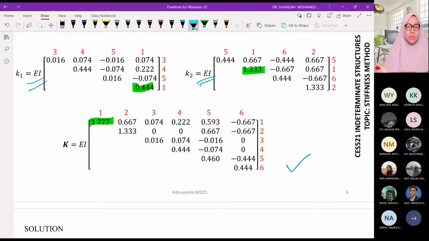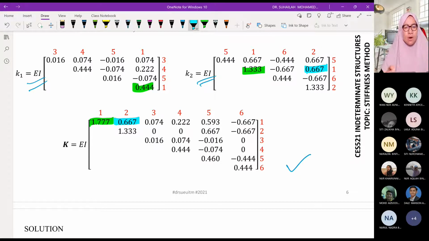Then next, 1,2. There is no 1,2 in K1, but we have 1,2 in K2, so it is 0.667. We continue the same process until we get all values.